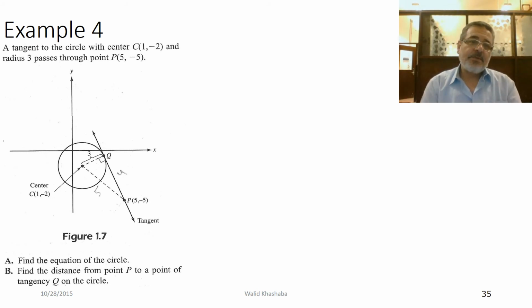The final example is about the circle. We have covered in the previous couple of slides the parabola, hyperbola, and ellipse. Now it's time to see an example about the circle.